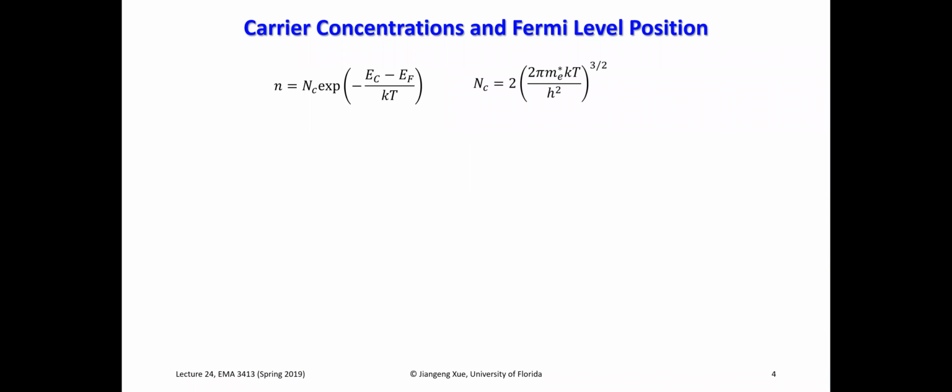So we have this electron concentration expression, and we can obtain a similar expression for the hole concentrations, which relate to the effective density of states in the valence band and the exponential factor of a state at the valence band edge occupied by a hole state, which is basically not occupied by electrons. Okay, so in both cases, you can write them down as an effective density of states multiplied by e to the minus delta E over KT. And this delta E is EC minus EF for electrons and EF minus EV for the hole.